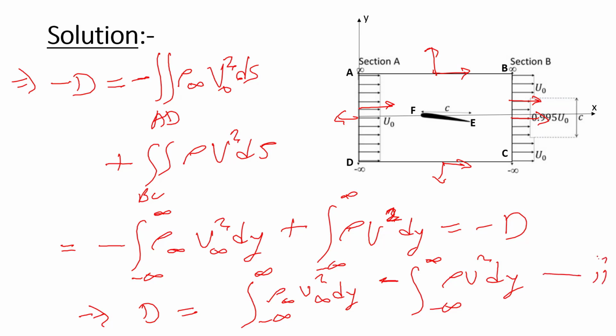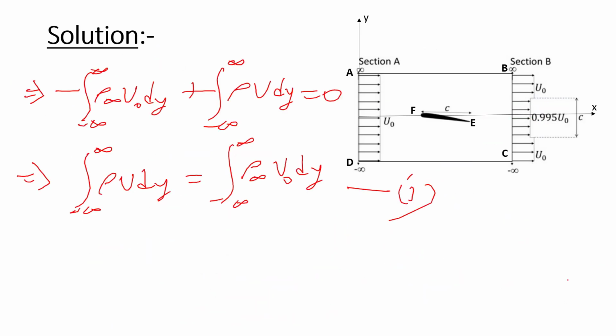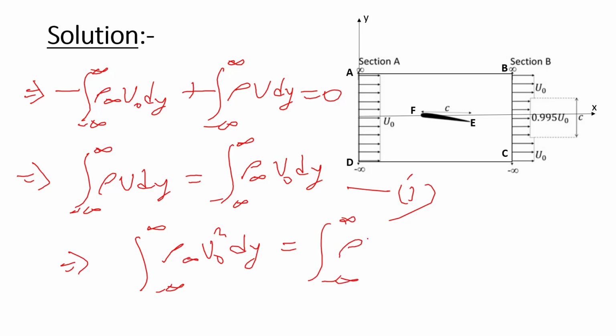Let's now take equation 2. As we have seen in continuity equation, this equation 1, we will multiply both sides by u naught. So our equation will become minus infinity to infinity rho infinity u naught square dy equal to minus infinity to infinity rho u u naught dy.